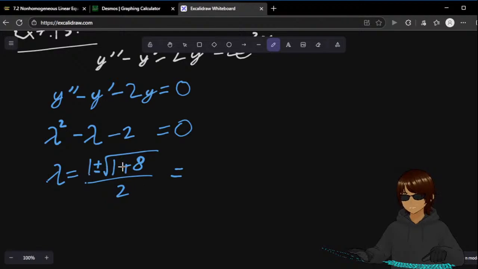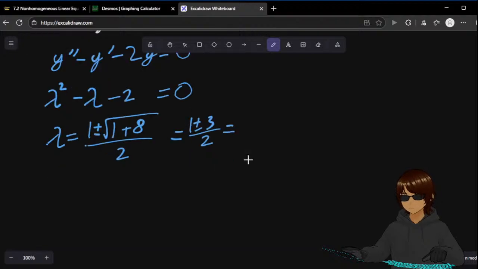So 1 minus 3 and 1 plus 3. 1 minus 3 is negative 2, 1 plus 3 is 4, so we are left with 2 after dividing.